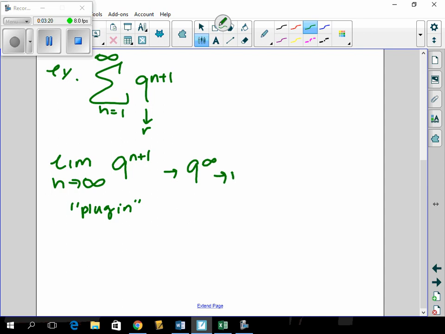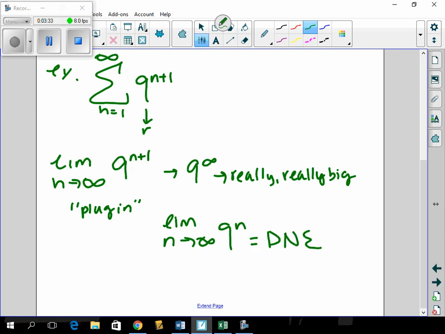And this is just really big. So the limit as n approaches infinity of 9 to the n power does not exist, and that's how we know this series diverges.